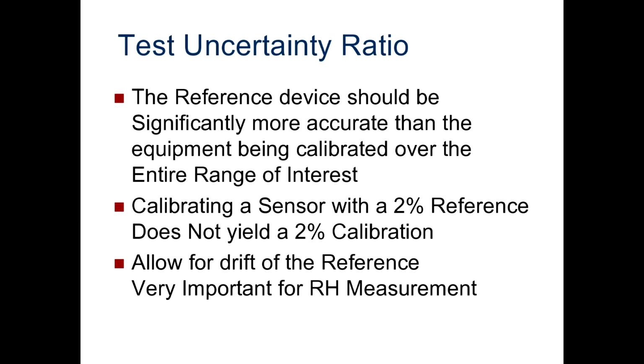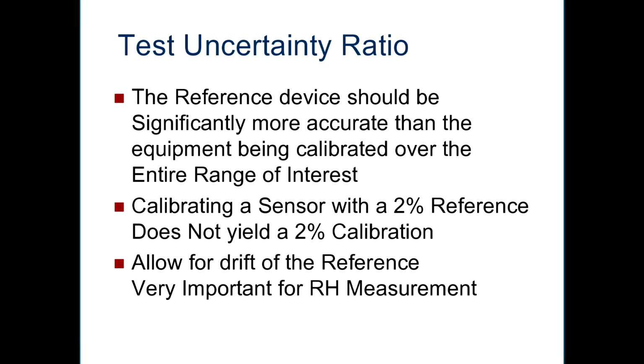Calibrating a sensor, let's say a humidity sensor, with a 2% reference device will not yield a 2% calibration on the device being calibrated. And one must also account for drift of the reference device, which will degrade the overall calibration that much more. So it's important to have a reference device significantly greater than the device being calibrated.